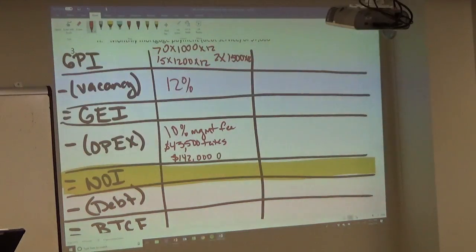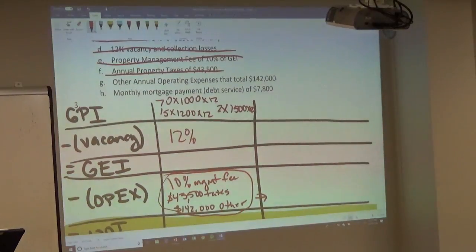And that's just other. So we know that our operating expenses total everything in this box. So we're going to have to total all of that up to bring it over here as our operating expenses for the property. Just like we're going to have to total everything in this box and bring it over here for our gross potential income.